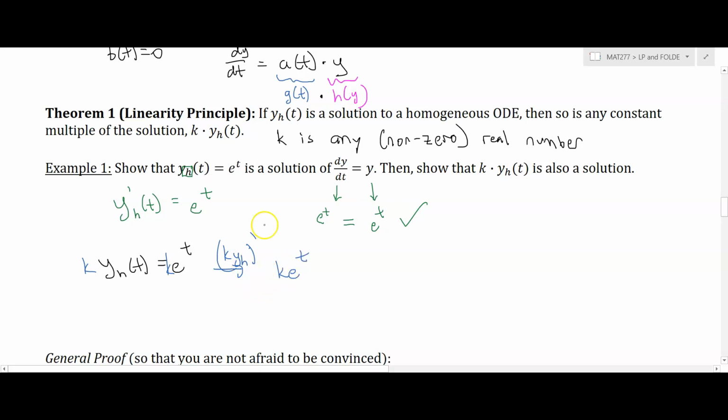The coefficient out front doesn't make a difference, and now we just need to check, does dy/dt equal the original function? Well, they are the same, right? So if I plug in k e to the t for the derivative, and the function that I took the derivative of was also k e to the t, they are in fact equal to each other. So once again, I've just shown that since this is a solution, so is any multiple of that solution.